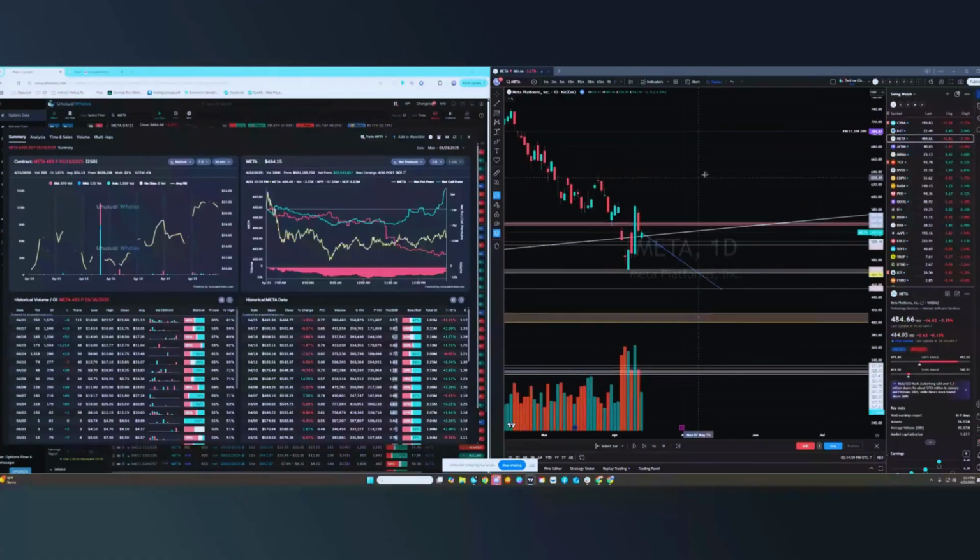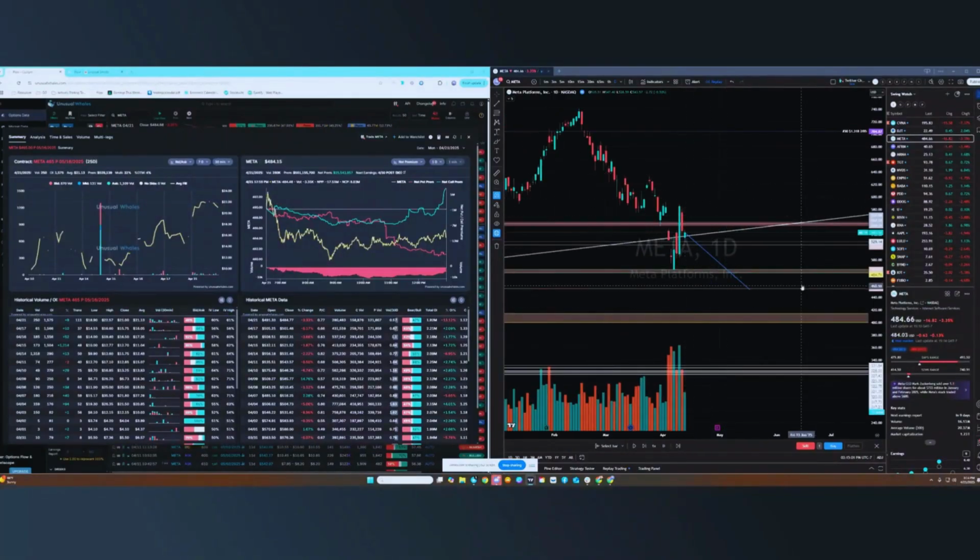Just in general, that's a good way to visualize what options need to see to be profitable. So right off the bat, we can see there's that close, which actually is supposed to go right there. So that's their break even.